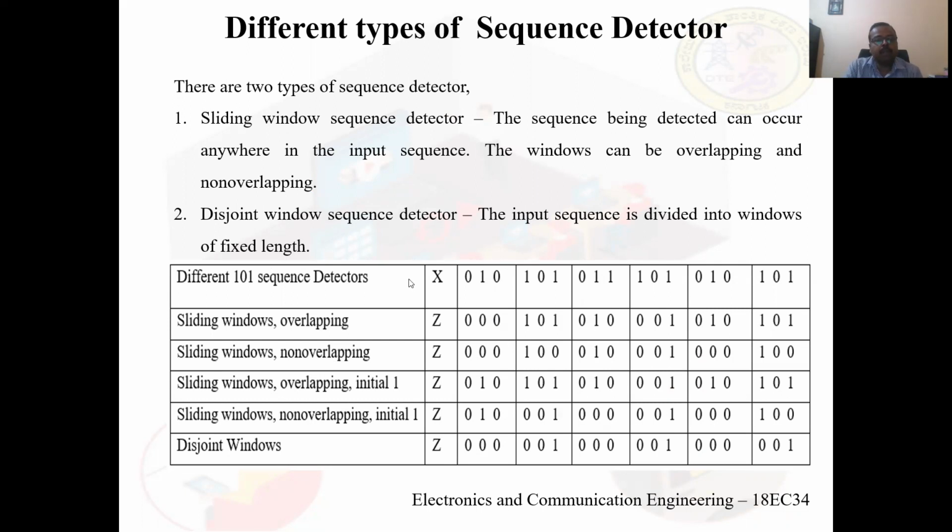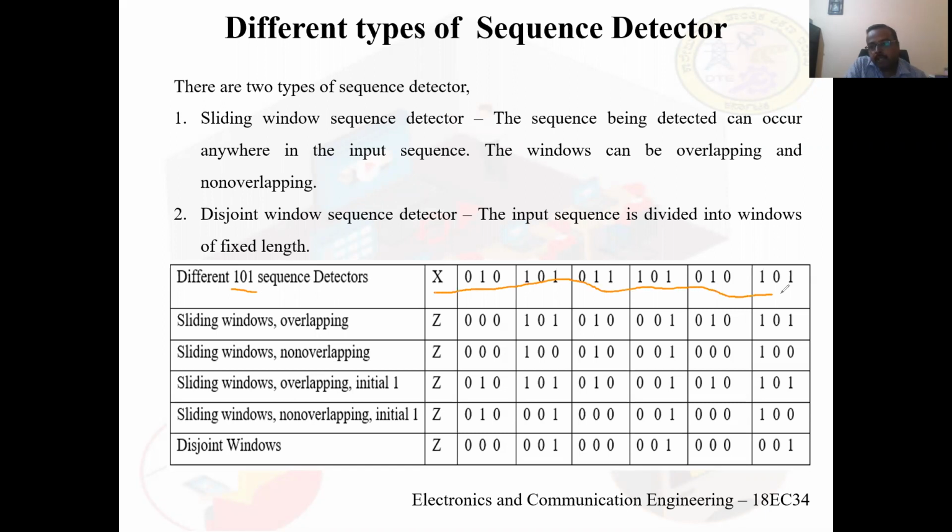I will explain the various types of sequence detector through this table. Now, the 101 sequence detector and a typical input sequence are shown here.